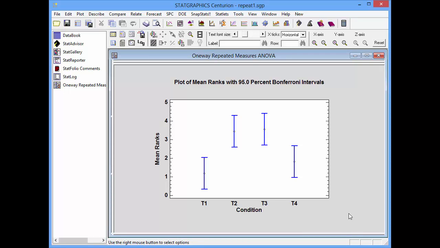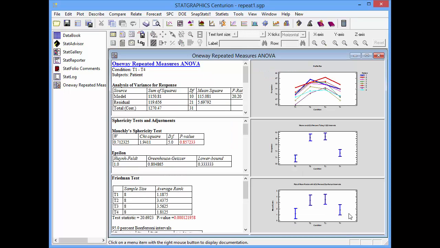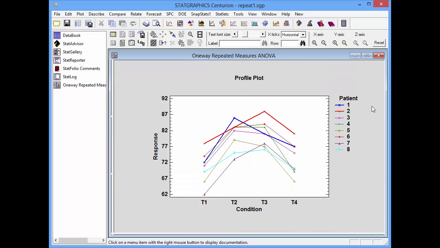The third approach to modeling the effect of the drug over time is useful if the different conditions are equally spaced. In that case, I might consider fitting a smooth function showing the effect of the drug over time, a continuous function.